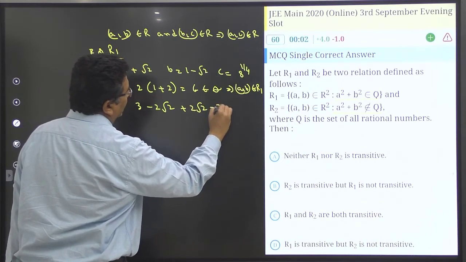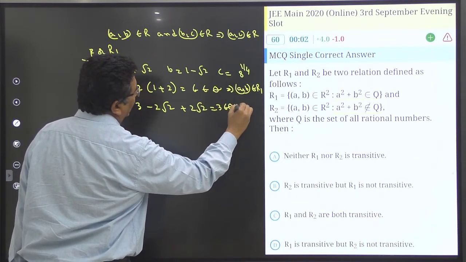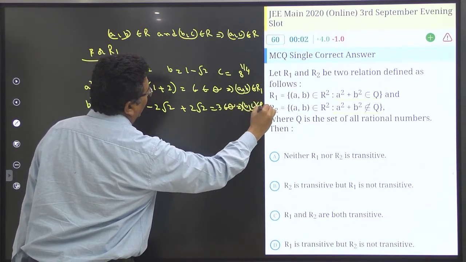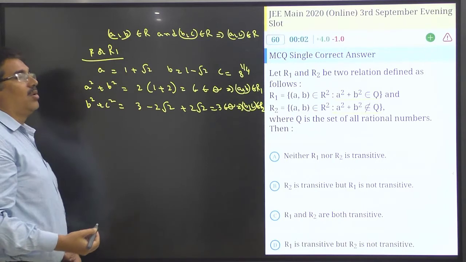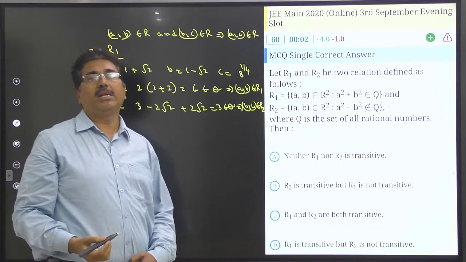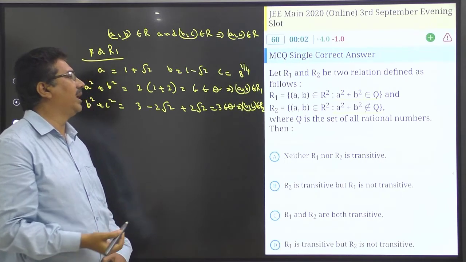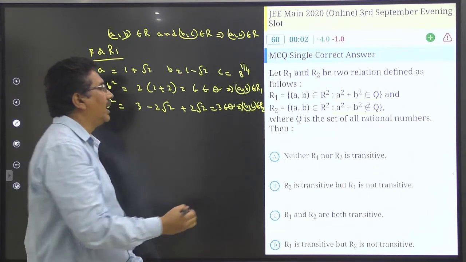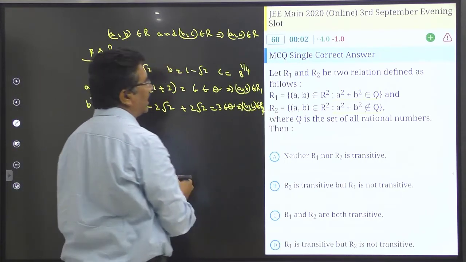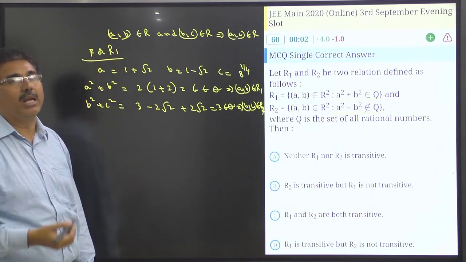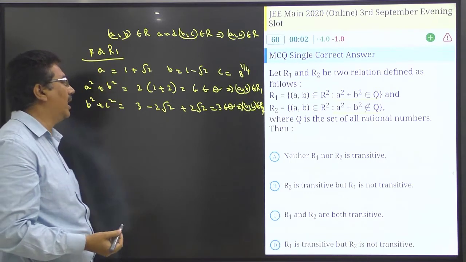So the sum is equal to 3, which belongs to Q. That implies (b, c) belongs to R1. Now our aim is to verify whether (a, c) belongs to R1 or not.